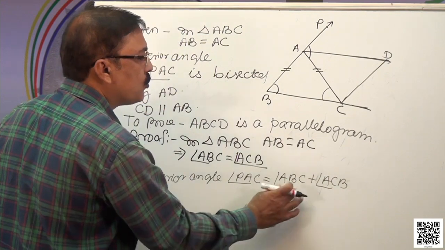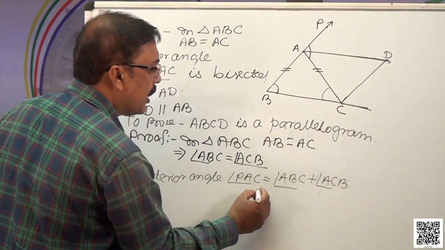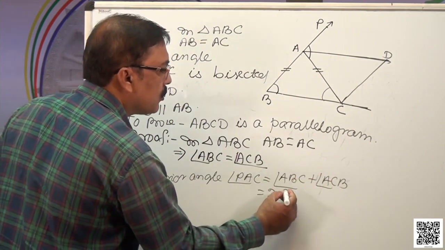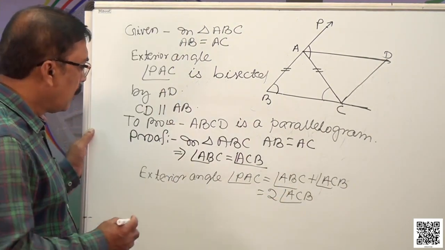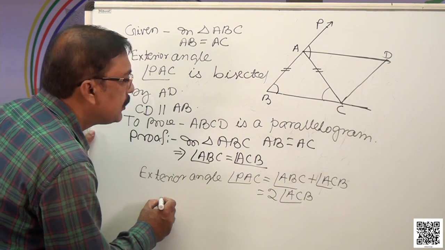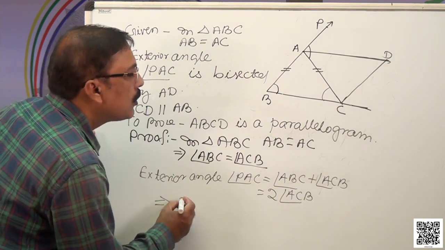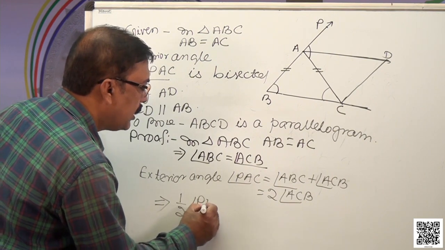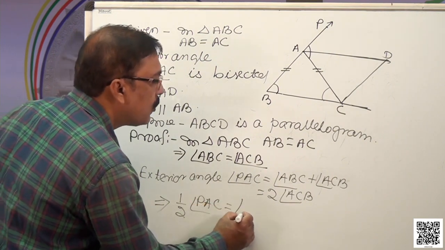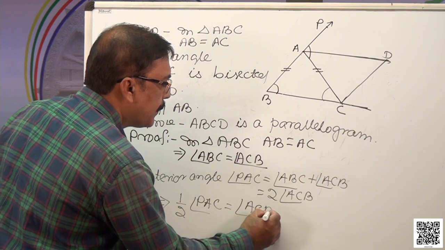Now, we know these two are equal, so we can say this is equal to 2 ACB. This implies 1 by 2 PSE is equal to ACB.